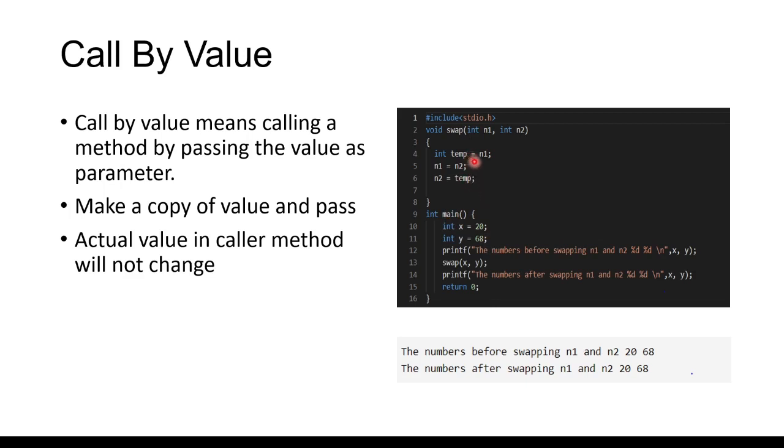It has one main method. In this main method, two variables are declared, int x, int y, and we are printing the values x and y. Next, we are calling the swap method. The swap method is swapping these two values n1 and n2. Again it is printing once the swap is completed and it is closed.